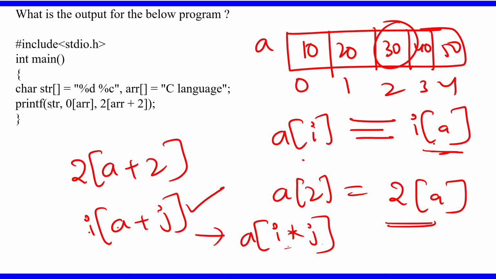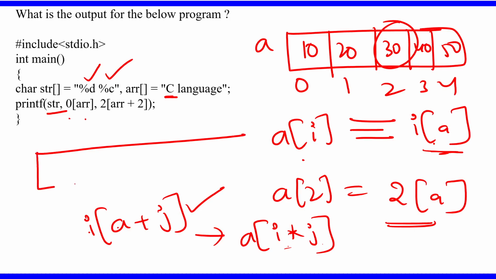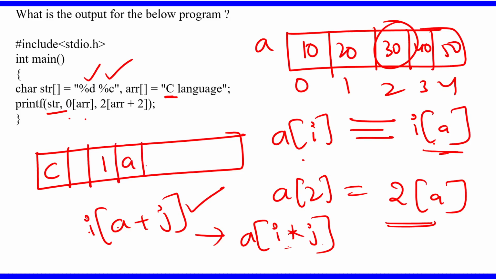Can you guess the output? str means percentile d percentile c. Then 0 of a means it is a of 0. This is capital C. Yeah, you can write this in a string, right? You can give here C, then a space, then L, A, N, G, U, and so on.